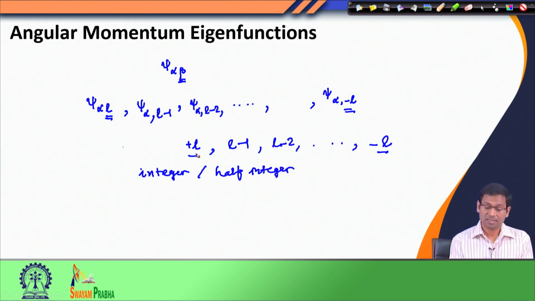You can see, I will just take one example, that L is neither an integer nor a half integer. Suppose I say L is 0.4.